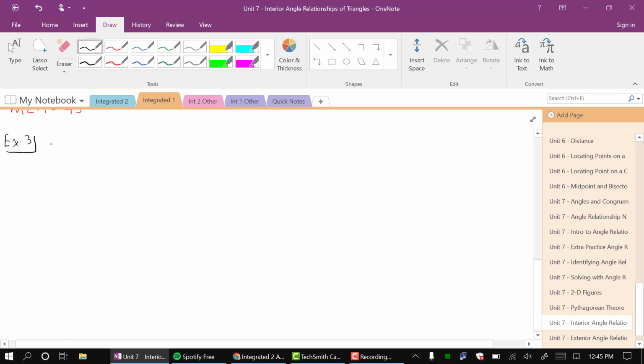So find the measure of angle A. So A is going to be right here. This is actually going to be a right angle up here. This is going to be x plus 37. And then this is going to be x plus 67.